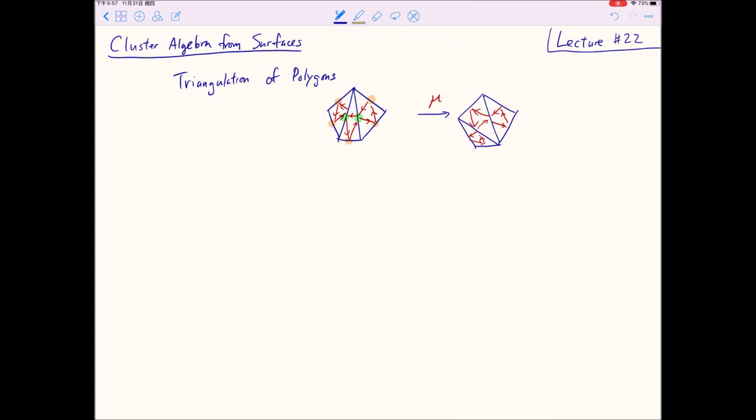All right, so let's start by defining the surface that we are of interest. So in this lecture, we will be considering bordered surface with marked points.